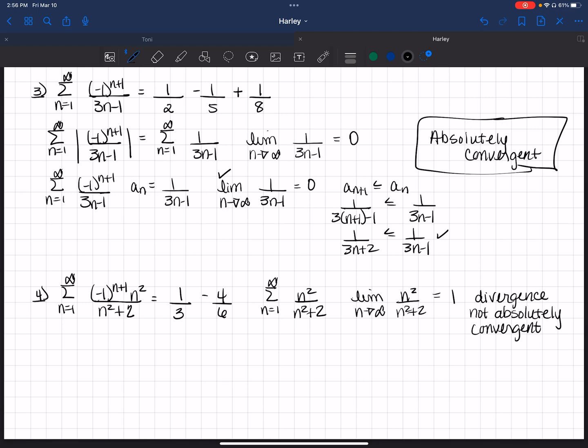Now let's try to see if it's conditionally convergent. I have the summation of n equals 1 to infinity of negative 1 to the n plus 1 n squared over n squared plus 2. Of course, we remove that alternating chunk, so a sub n is actually n squared over n squared plus 2.